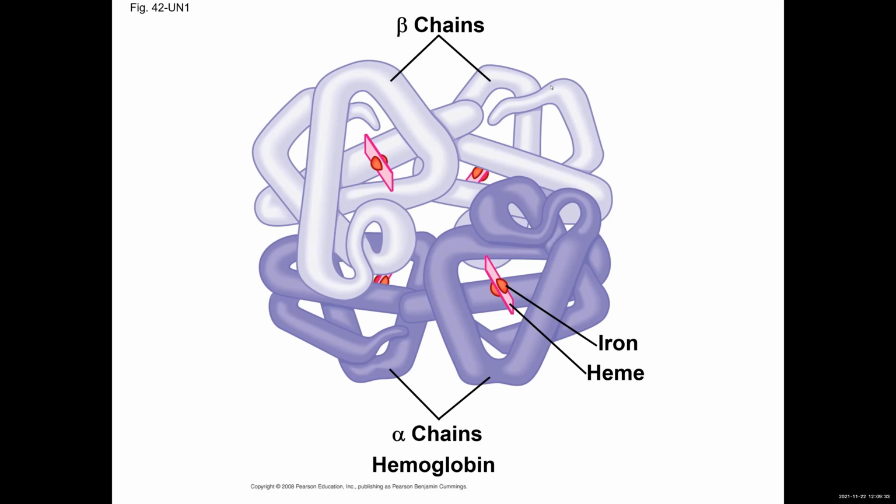Each red blood cell has about 1 billion hemoglobins. That's a lot. And then I don't know off the top of my head, but there's probably also 1 billion red blood cells circulating in your circulatory system.